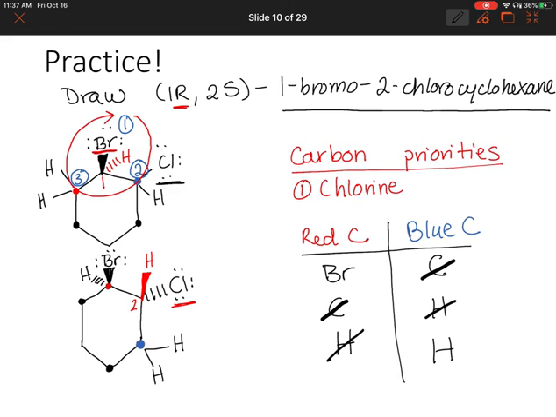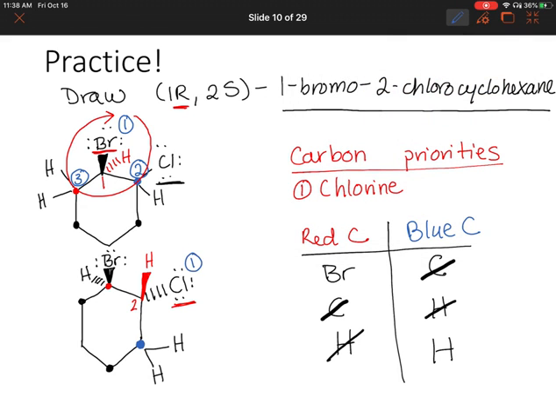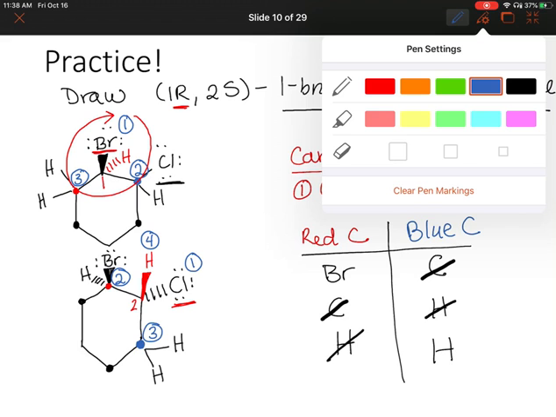So now we're left with bromine versus hydrogen. Which one is heavier? Bromine. So the red carbon is going to be priority 2. So let's start labeling these. That also means that the blue carbon is priority 3, and then hydrogen is priority 4. So let's write that down.